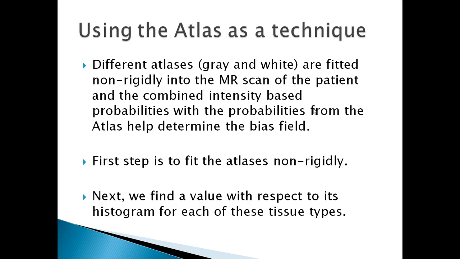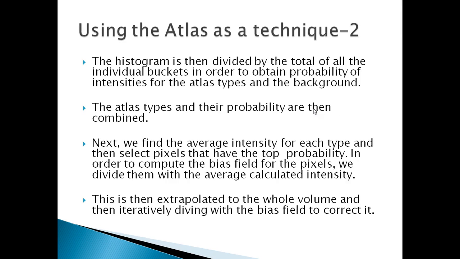Next, we find a value with respect to its histogram data for each of the tissue types you'll be using for the detection. The histogram is then divided by the total of all the individual buckets in order to obtain the probability of intensities for the atlas types in the background. The atlas types and their probability are then combined. Next, we find the average intensity for each type, and then we select the pixels that have the topmost probability.